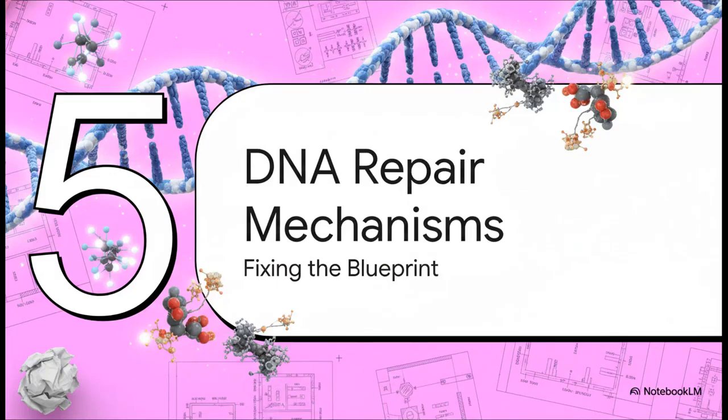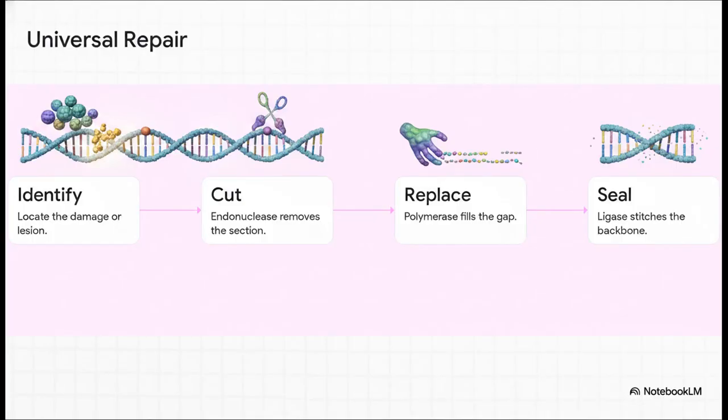Which brings us to Section 5, DNA repair mechanisms, fixing the blueprint. Because, as we established, survival is strictly on the line here, the cell spares absolutely no energy expense to repair its DNA. Most of these repair processes follow a universal, highly specialized cleanup sequence. Step 1 is identification.